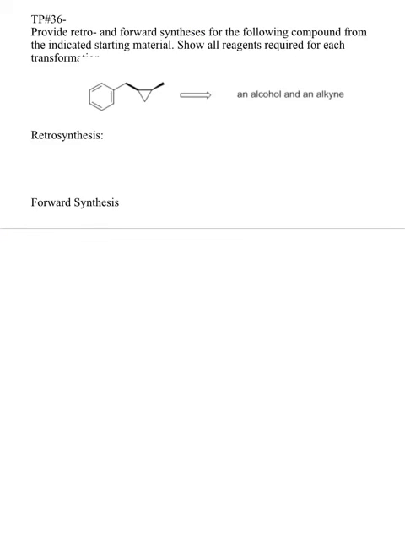Okay, this is another retrosynthetic reaction, and it's telling you to use an alcohol and an alkyne. So an alkyne would look like this, and maybe we can just go ahead and put a CH3 there, because I'm thinking that's CH3.